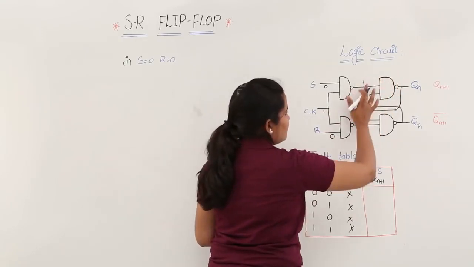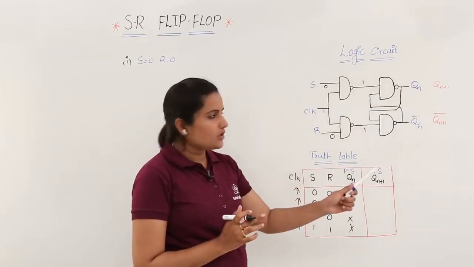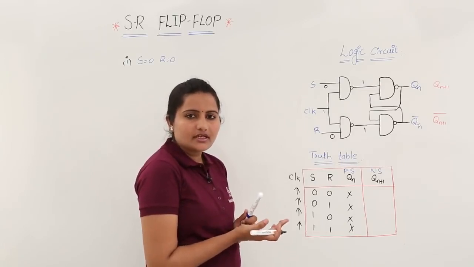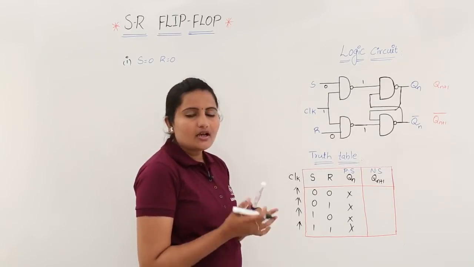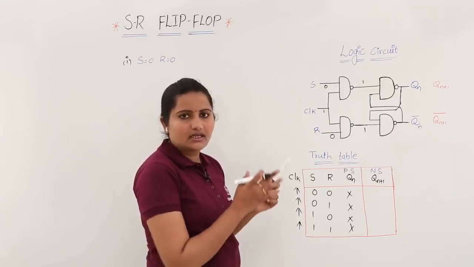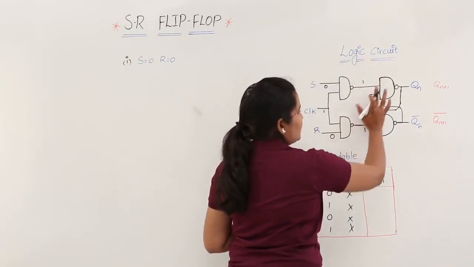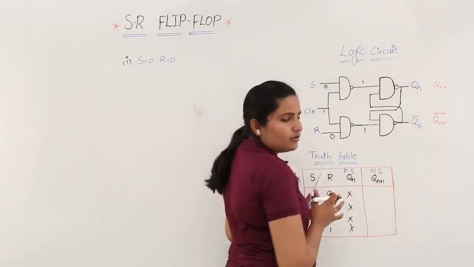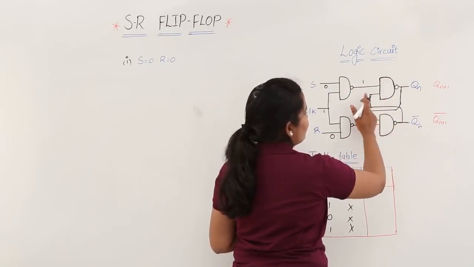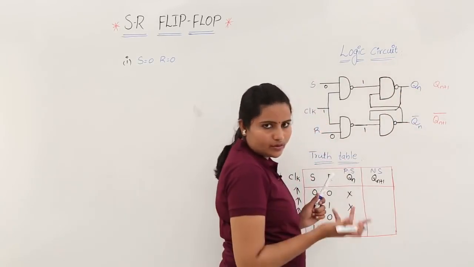Just keep in mind what you get at the output of the SR latch. Obviously you are getting the no change condition. For the SR latch using NAND gates, as you saw in the previous class, when you give the 1 1 condition to this latch circuit, you get the no change condition. You can observe here 1 into Qn bar whole bar, you get Qn plus 1 equivalent to Qn only.